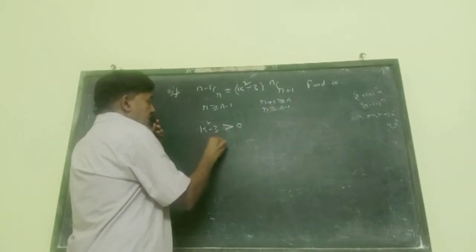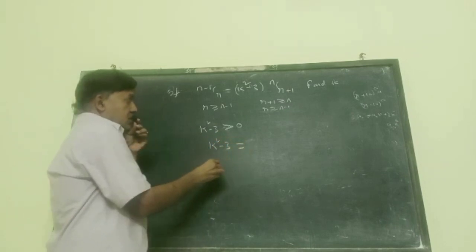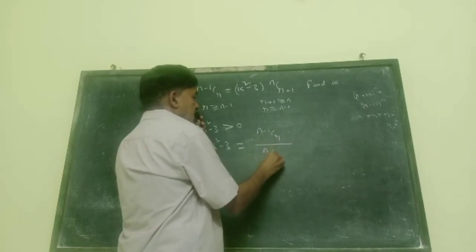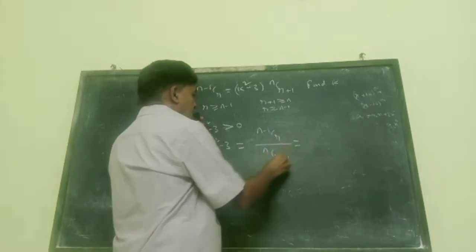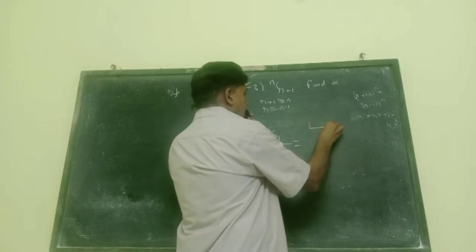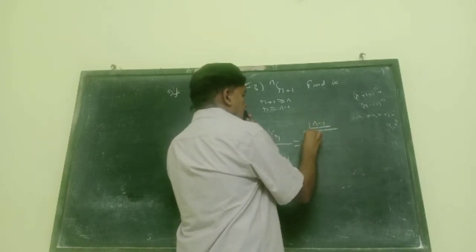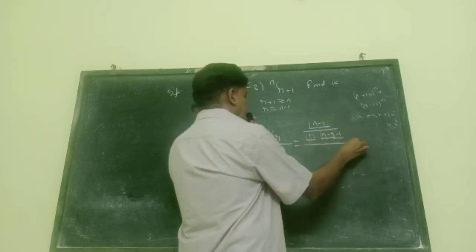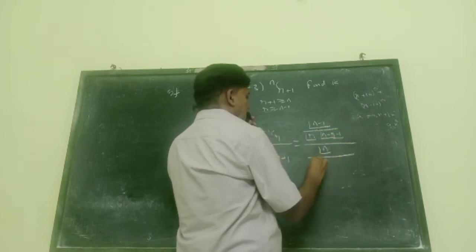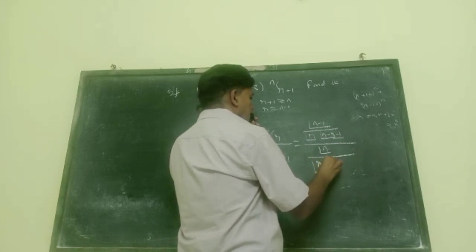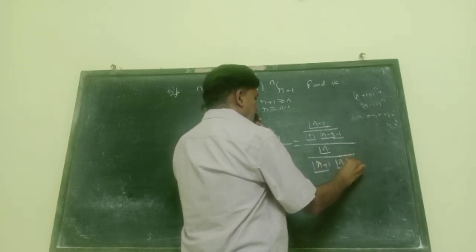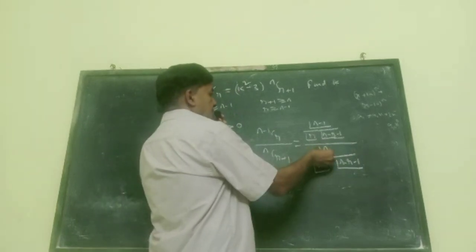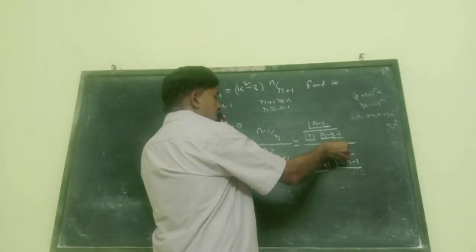Right? So first, k square minus 3 greater than 0. Then k square minus 3 is also equal to n minus 1 CR by NCR plus 1. This is factorial n minus 1 by factorial r factorial n minus r minus 1, over factorial n by factorial r plus 1 factorial n minus r minus 1. See, factorial n is n into factorial n minus 1.